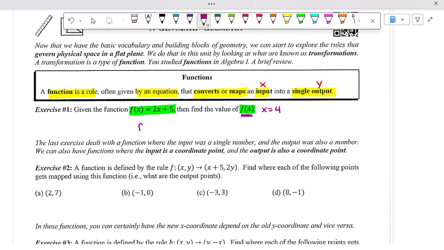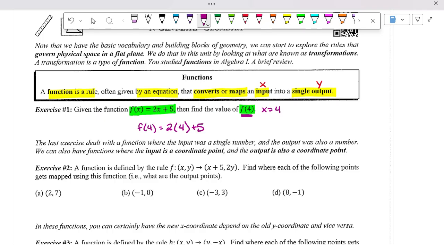So we're going to do f of 4 is equal to 2 times 4 plus 5. Now, if I'm talking order of operations, what do I do first? PEMDAS, it's also on that poster over there. There are parentheses, but technically these parentheses are dictating what operation?